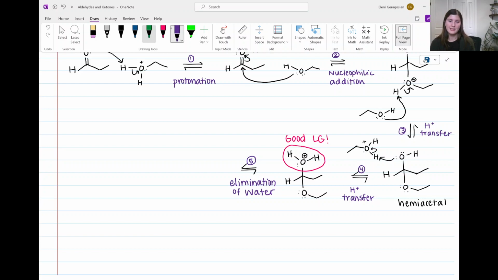Now, if we were to just kick off that water molecule from the entire molecule, we'd have an open shell carbon. Well, we all know it's more stable for atoms to be closed shell. So as a water molecule leaves, which is a good leaving group, the oxygen from the new bond to oxygen that was formed from the alcohol bonded to the carbonyl carbon, this will form a double bond to avoid opening the shell of that carbonyl.